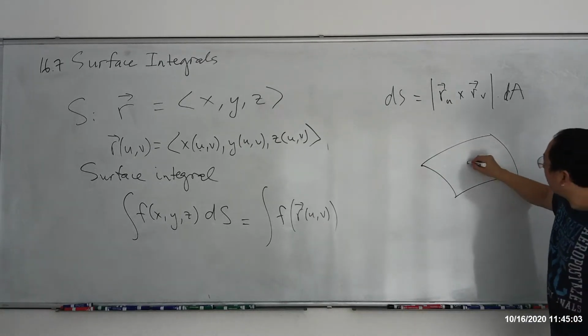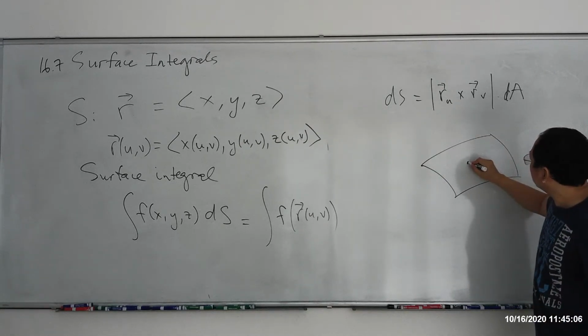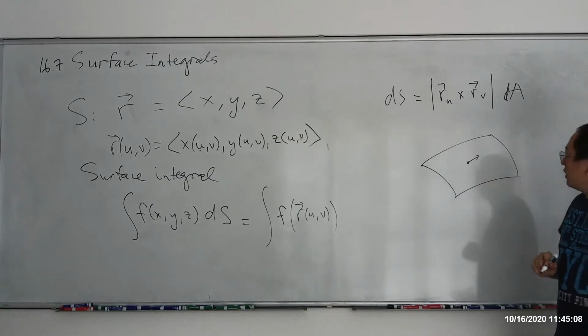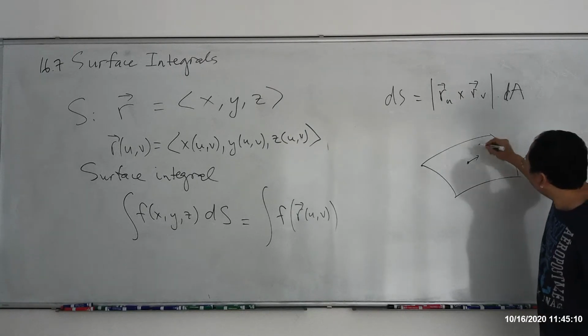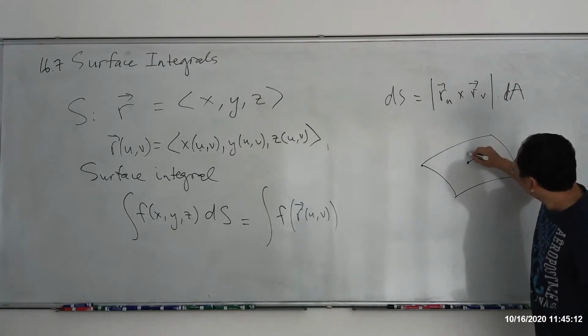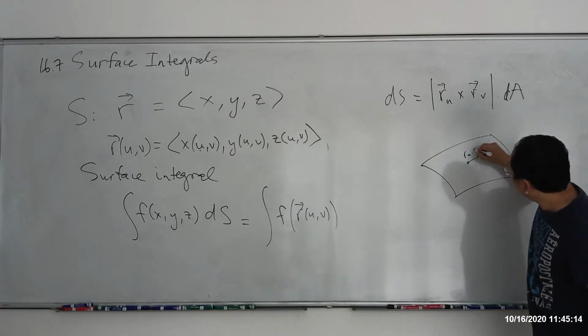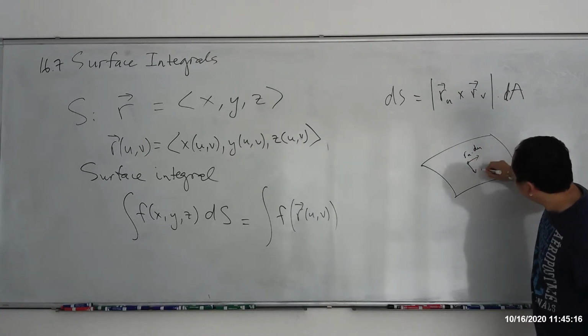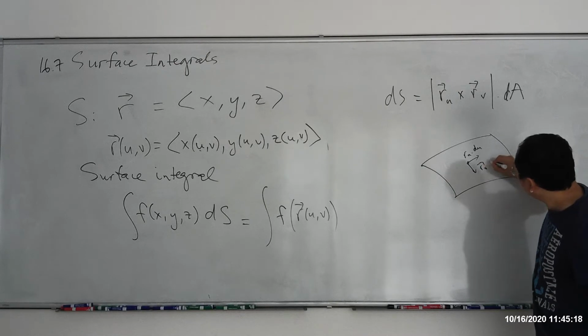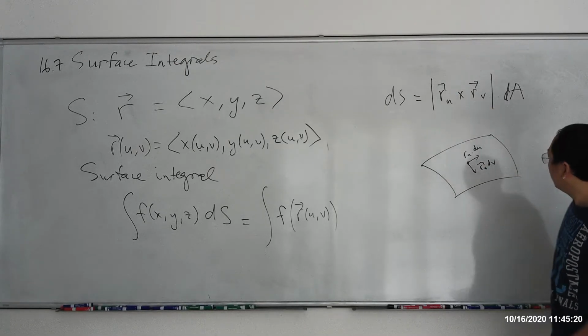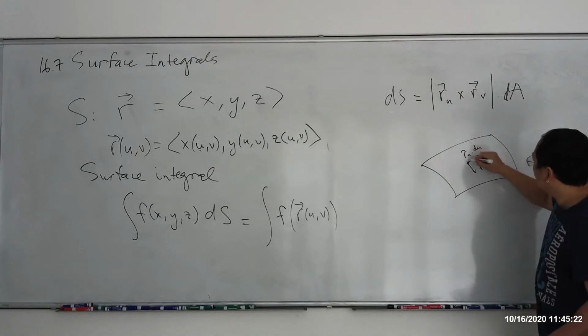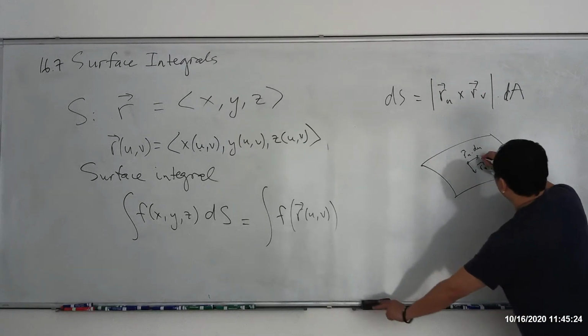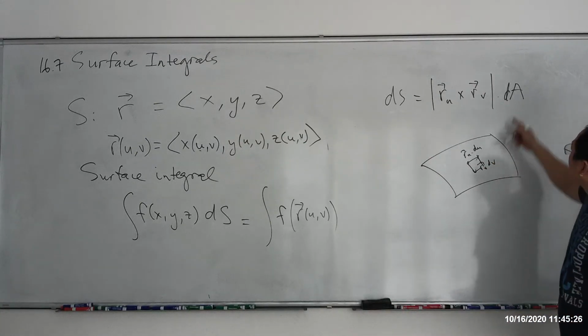At the point, we calculate r_u, which is the tangent vector in the direction of u. This is r_u du, and then this is r_v dv, and if you cross r_u and r_v, you're going to have the area of that little parallelogram times du dv.